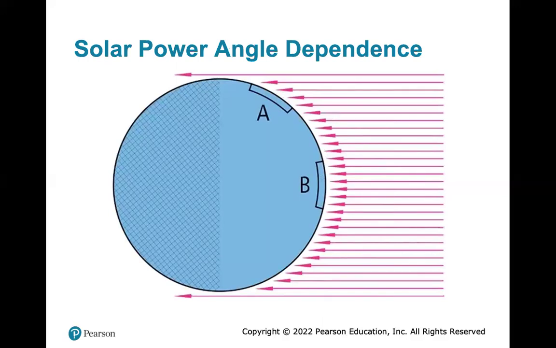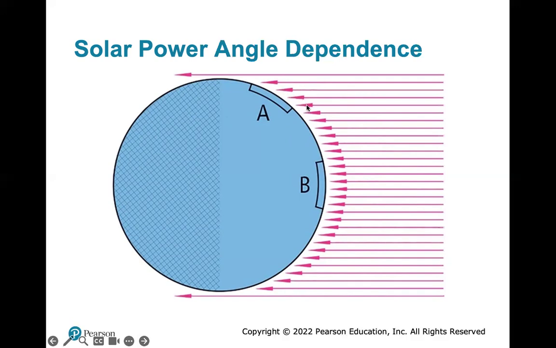I've entitled this "Solar Power Angle Dependence." This figure is in your book. It wasn't in the PowerPoint, so I added it. You can see that areas A and B are equal in size, but because of the angle of A, I mean, this is just a little demonstration.